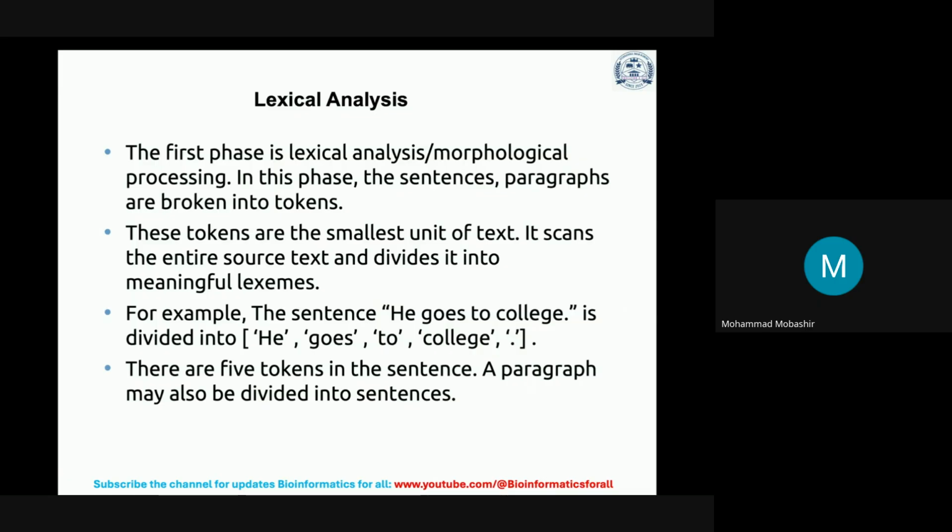For example, the sentence here, he goes to college, is divided into he, goes, to, college, and full stop. There are 5 tokens in this sentence. A paragraph may also be divided into sentences.